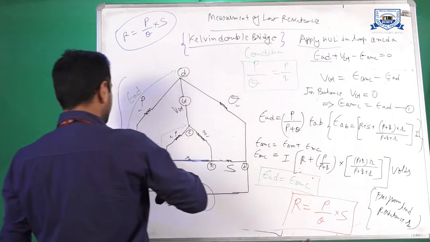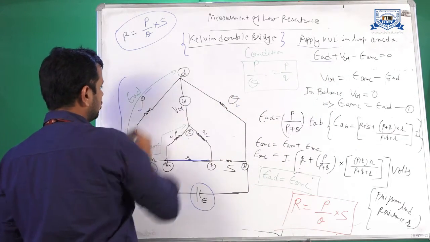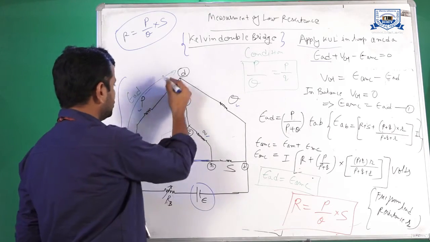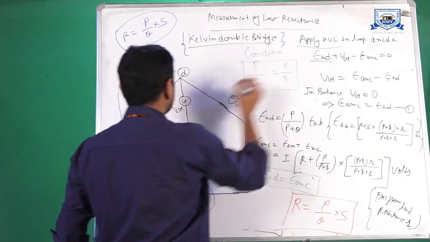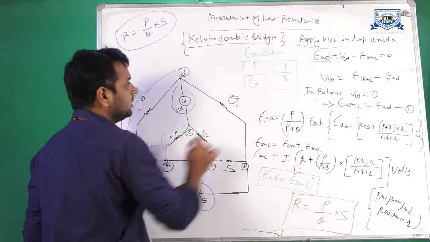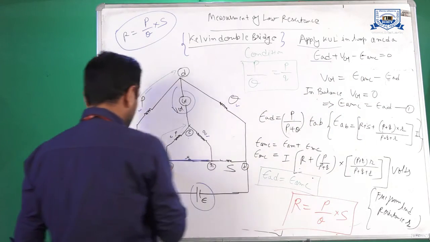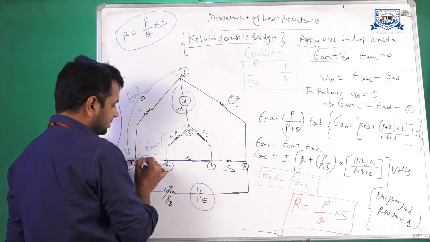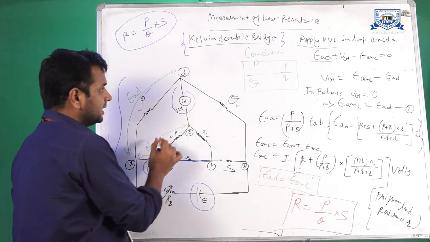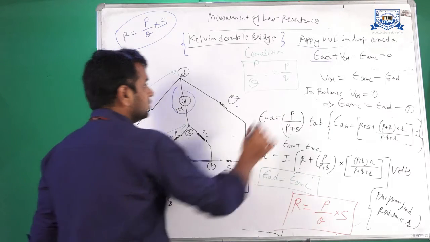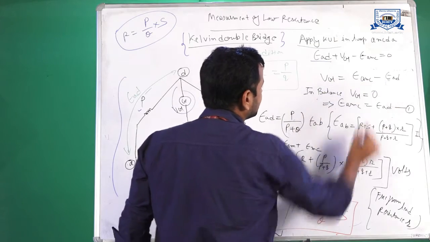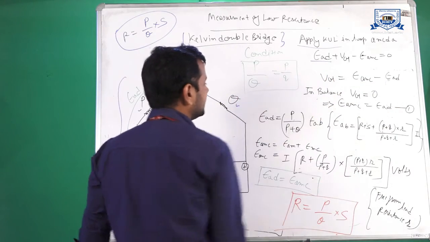EAD is the voltage drop in this branch, as you can see from the green color, and VG is the voltage across the galvanometer, and EAMC is the voltage drop across this branch, that is shown by the green color. Okay, so VG equal to EAMC minus EAD if we further solve this equation.